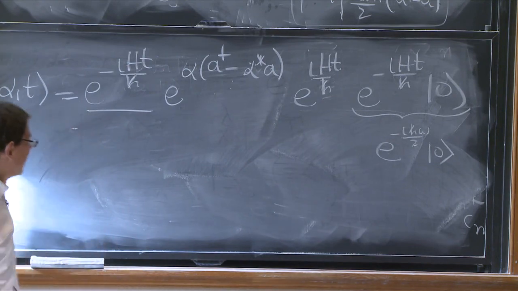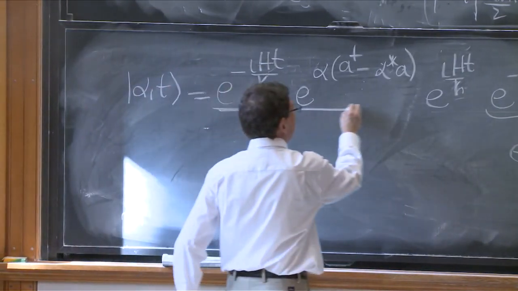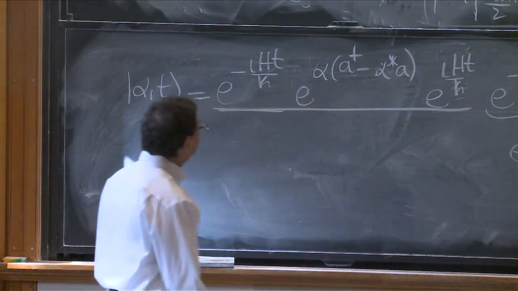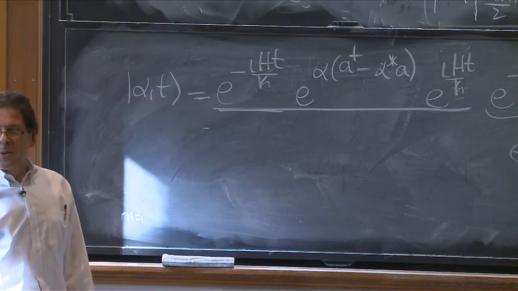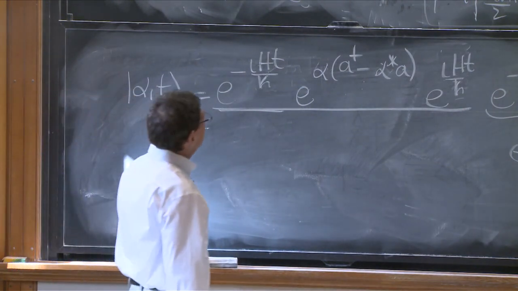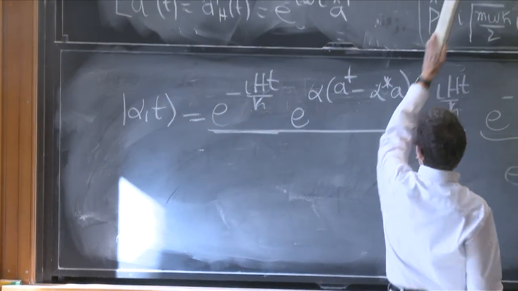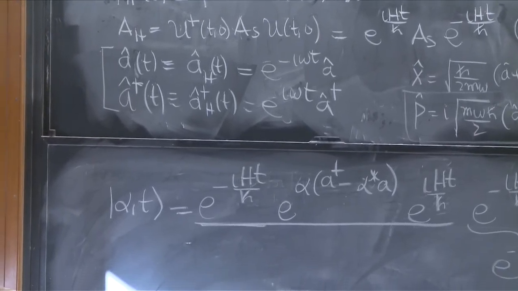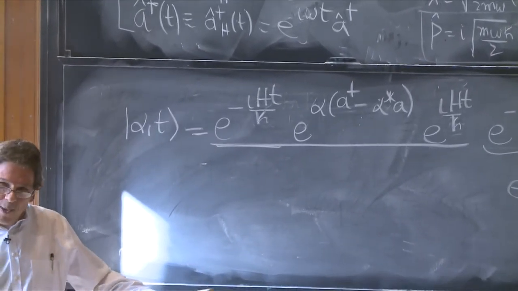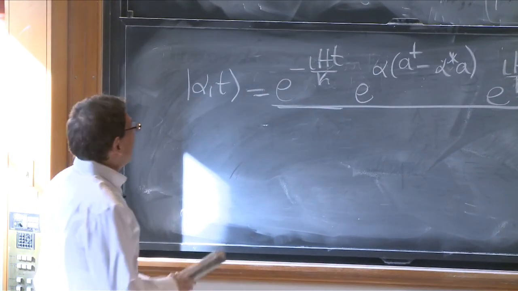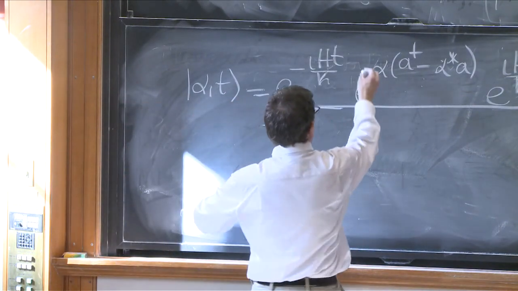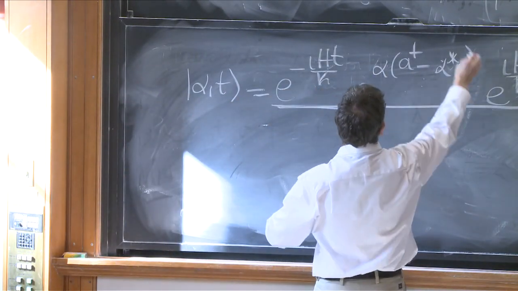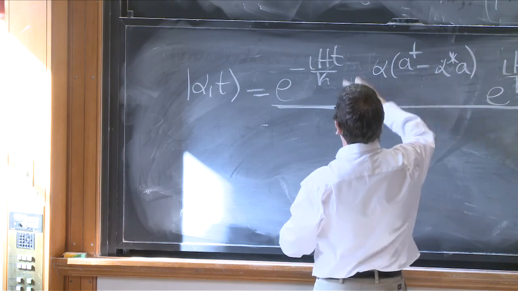But what is this part? It's pretty much the Heisenberg operator, but the sign came out wrong. Well, it didn't come out wrong. It's what it is. It just means that what I have to put here is the Heisenberg operator at minus t.